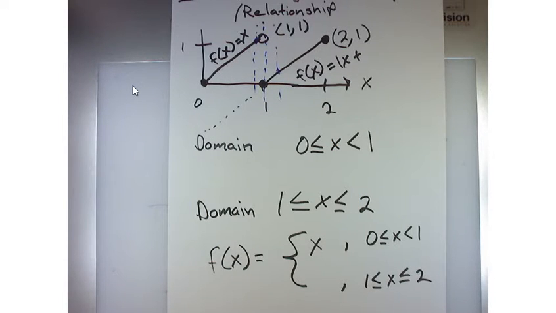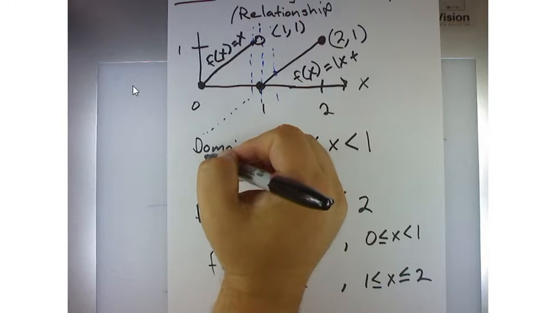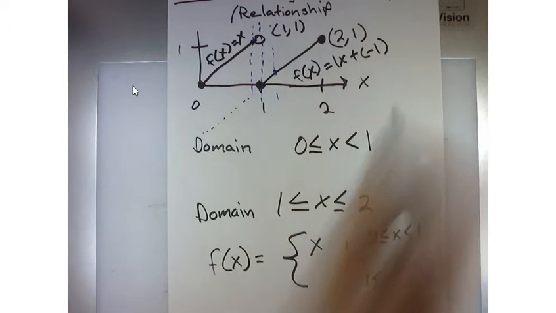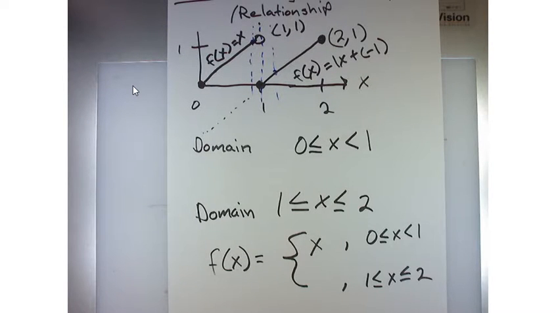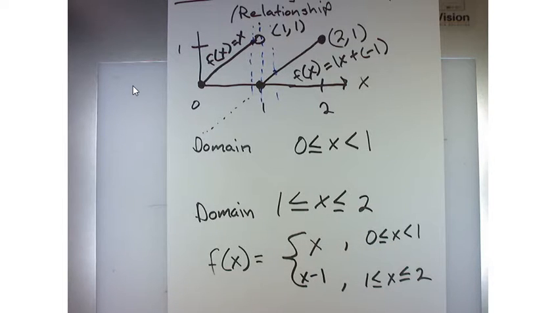It'd cross at -1, right? Because if the slope is 1, we can go over 1, down 1, which will put us at -1. So this is plus -1. So this mathematical relationship that represents the second line segment is really x minus 1. Any questions?